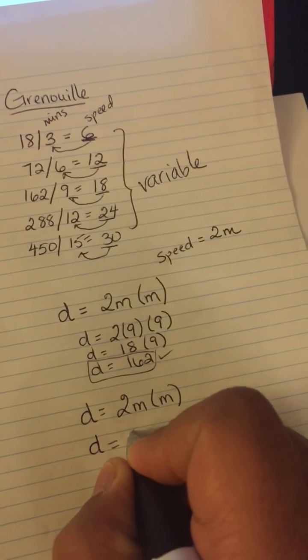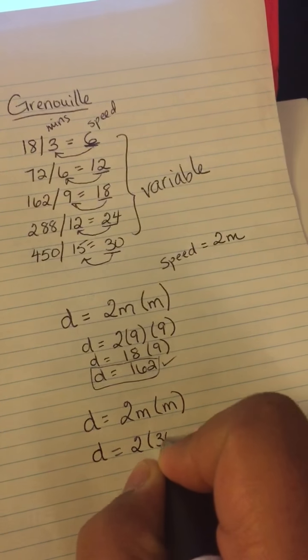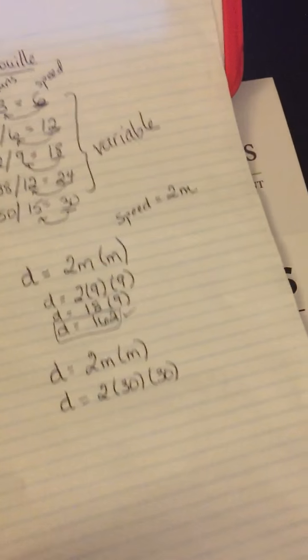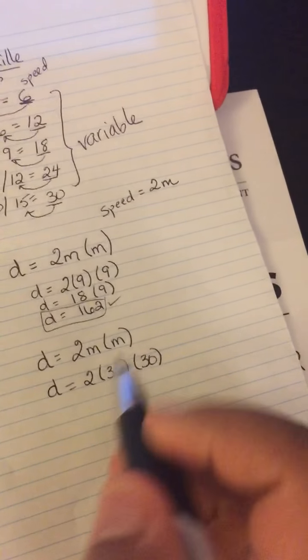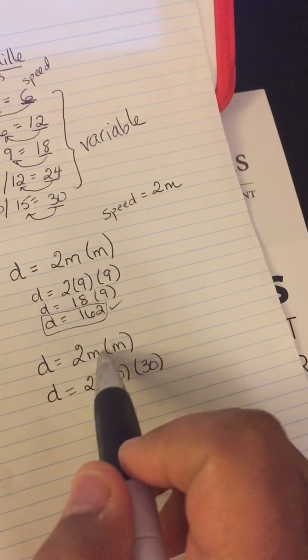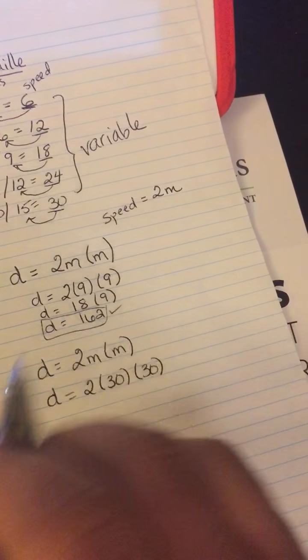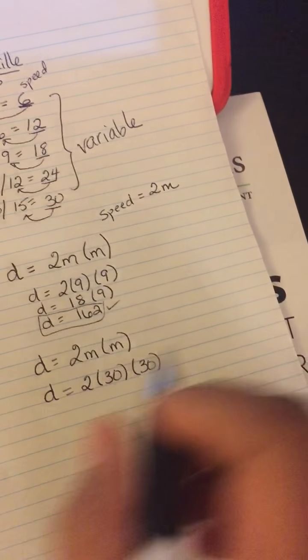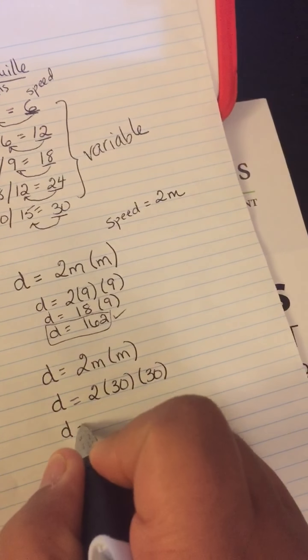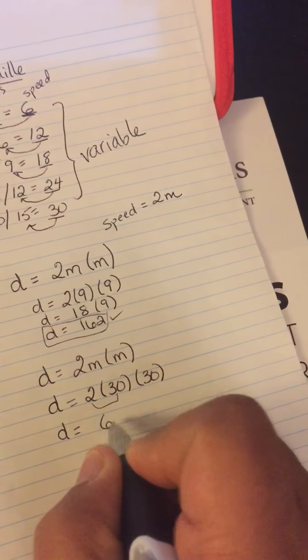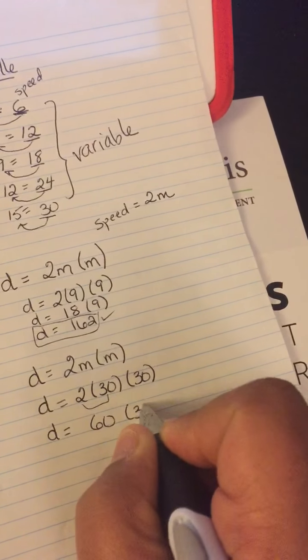So 2 times 30 times 30. Don't make the mistake of using a squared here. They're not squared here. Okay? Then I'm going to go ahead and multiply that first set and get 60 times 30.